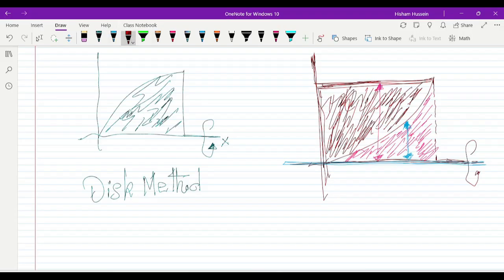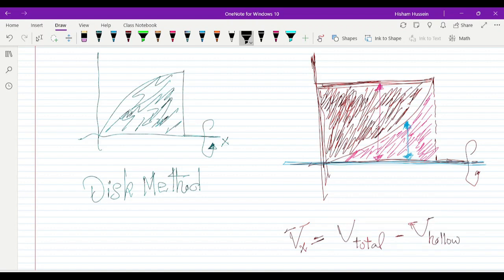So here we have two volumes. We subtract the volume of the hollow from the total volume to get the requested volume. So the volume of rotation about the x-axis equals the total volume minus the volume of the hollow.